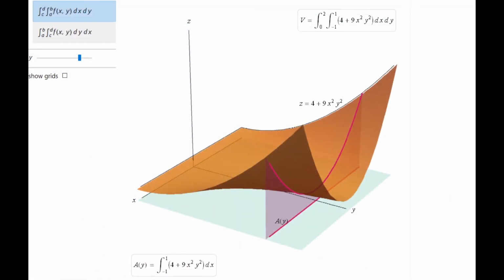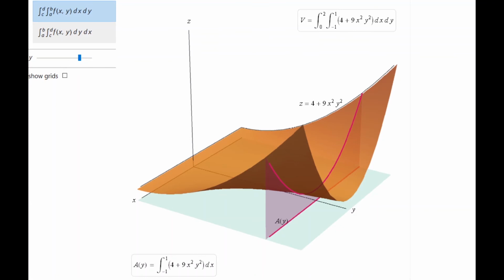So here's how the function looks that we just integrated. We wanted to find the volume above that greenish region there, but below the orange surface. And if we do the integral over x first, we hold y constant, and what you see there is the slice where y is held constant. And so how do you get the area of that slice?